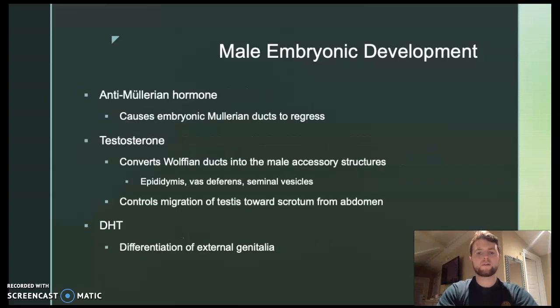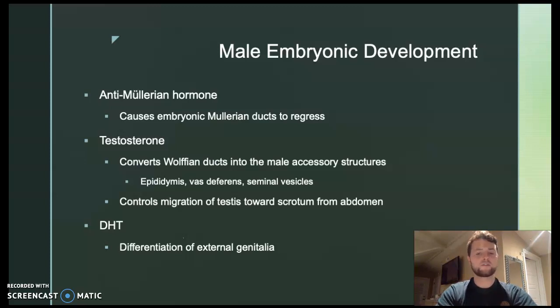So now let's talk about those hormones and the responses they generate. First off, we have AMH, which causes the Müllerian ducts to regress and allows the Wolffian ducts to become the forefront component of the male internal genitalia. And then testosterone takes it a step further and converts the Wolffian ducts into accessory male structures such as the epididymis, vas deferens, and seminal vesicles.